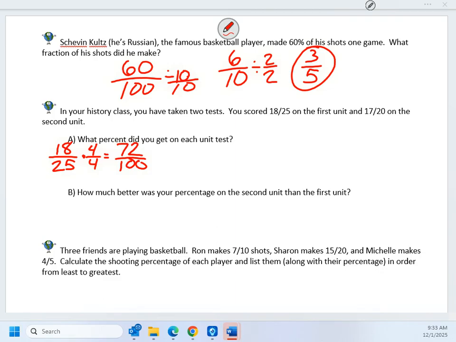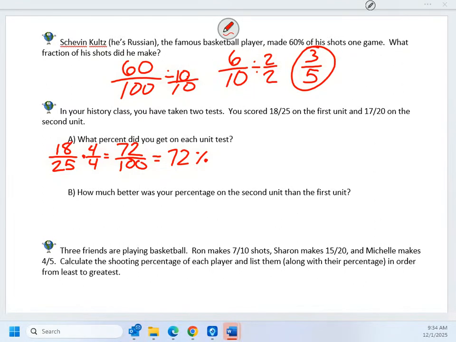So 72 hundredths, how do I make that a percent? I've got the magic number of 100. How do I turn it into my percentage? Jack? The numerator is your percent. If I have 100 for my denominator, that numerator becomes my percentage.